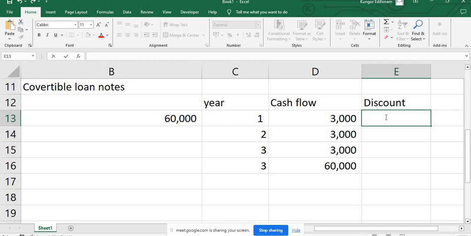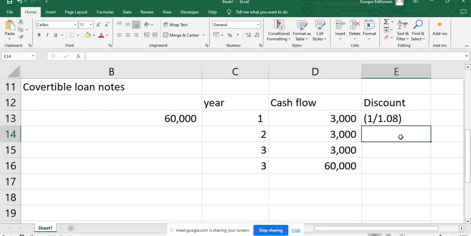So year 1 is going to be, into brackets, 1 divided by 1.08, then we close brackets. Year 2 is going to be 1 over 1.08 raised to the power 2.